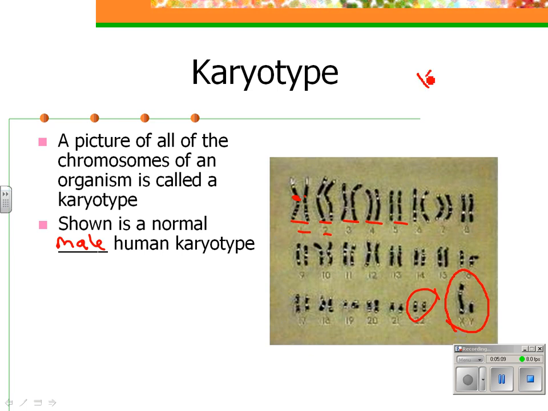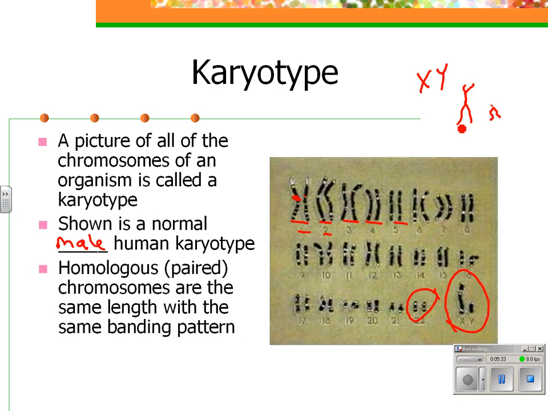We call those chromosomes the X chromosome and the Y chromosome. Because literally, if you see this chromosome, it looks like a little upside down Y with a little tail on it. And that one literally looks kind of like an X. So they call it the X chromosome and the Y chromosome. That's a male.